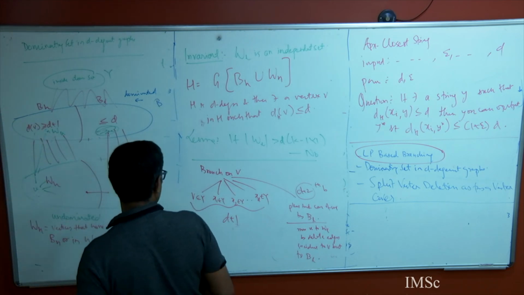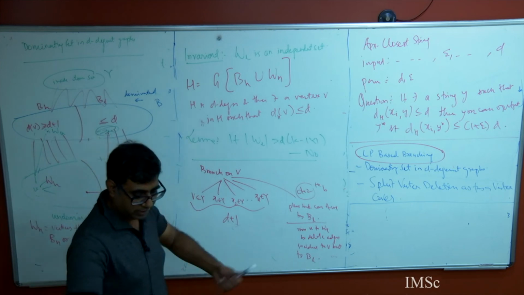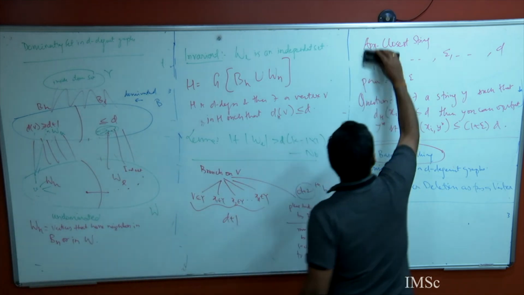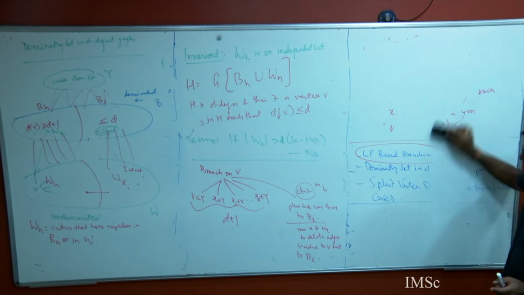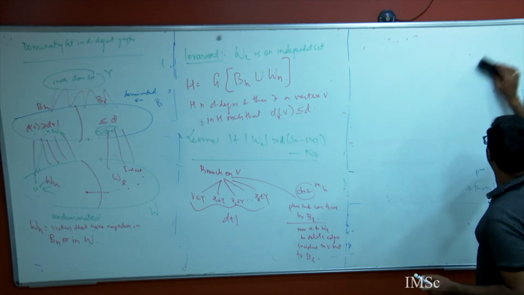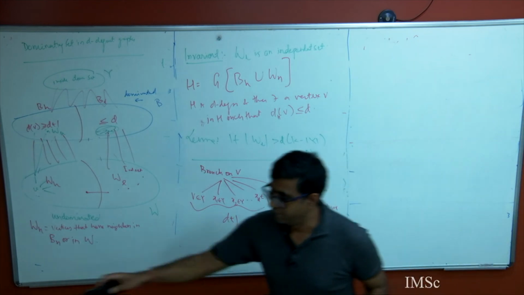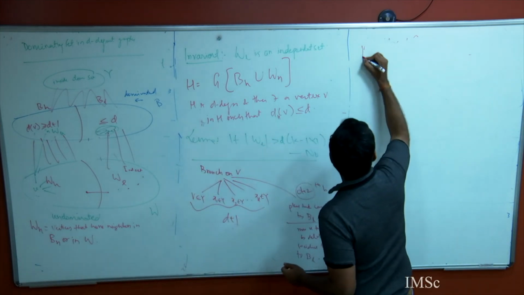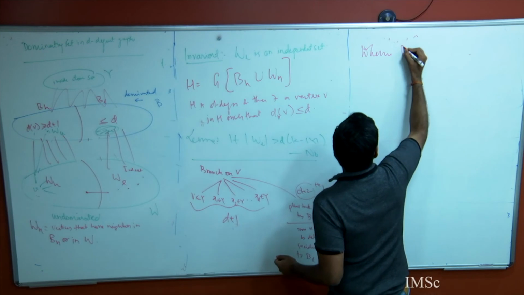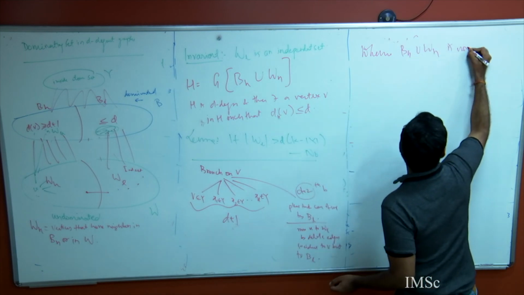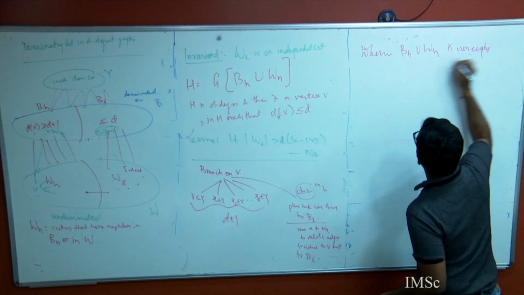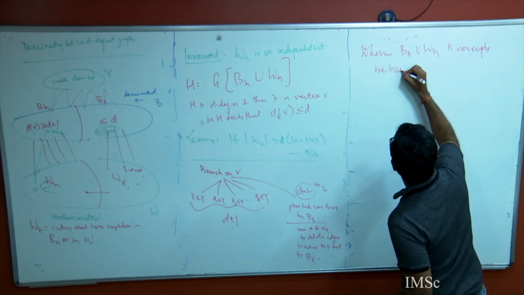So what is my measure? What should be my measure? Now that I have told everything, there is nothing left. We have still not handled the base case. So whenever BH union WH is non-empty, we branch, right?